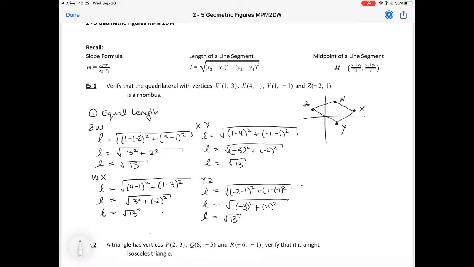So that means all the sides are equal. The next thing that I need to check is that the diagonals, so W and Y and Z and X, bisect at right angles.